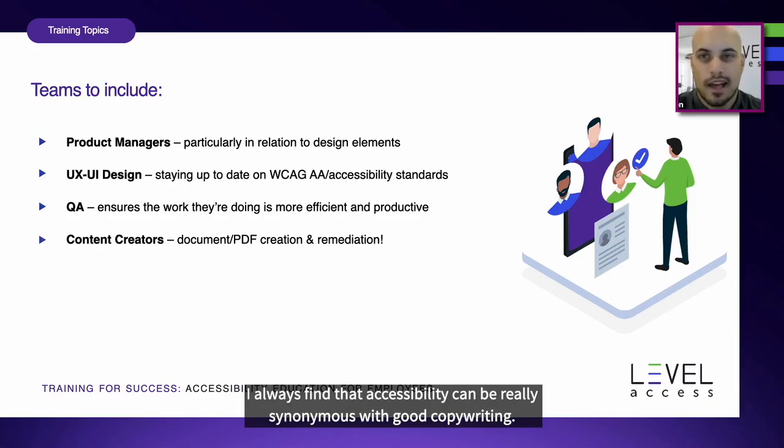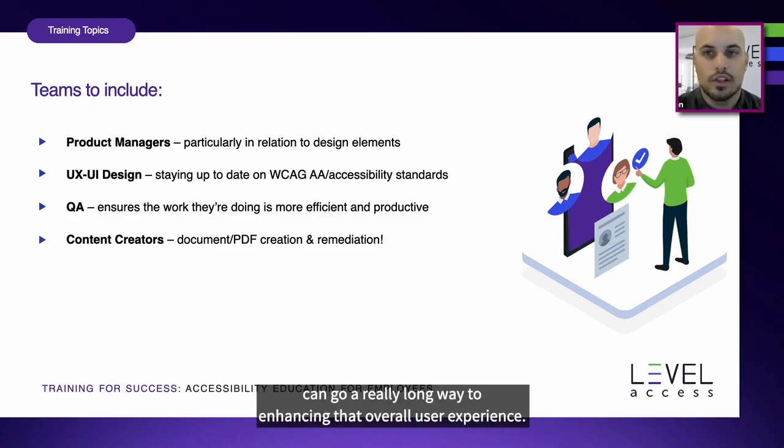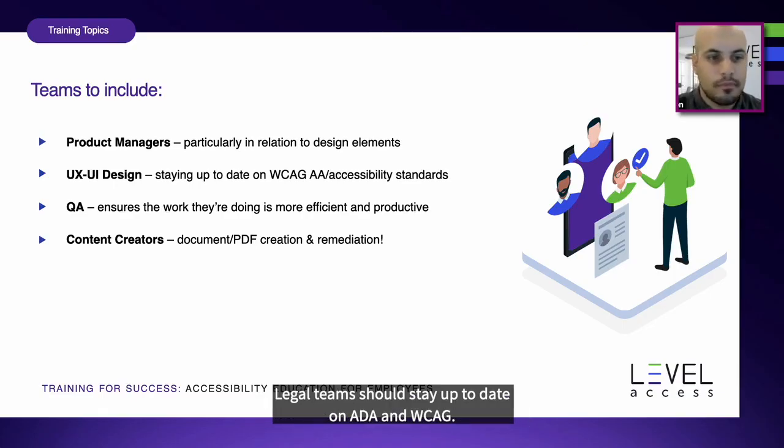I always find that accessibility can be really synonymous with good copywriting. And so having content creators exposed to accessibility skills and training can go a really long way to enhancing that overall user experience. Legal teams should stay up to date on ADA and WCAG.